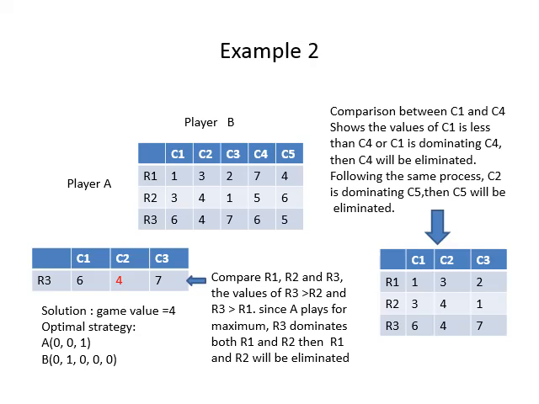Player B has 5 strategies, but he chooses strategy number 2. That's why his optimal strategy is 0, 1, 0, 0, 0.